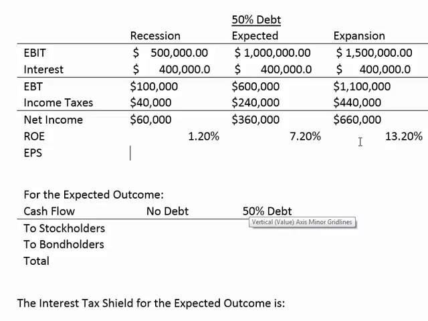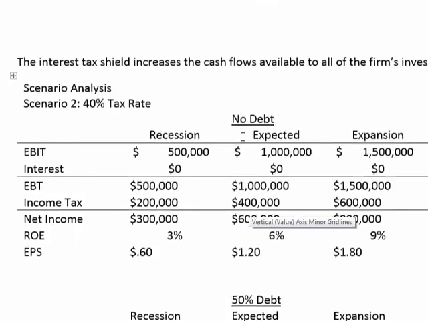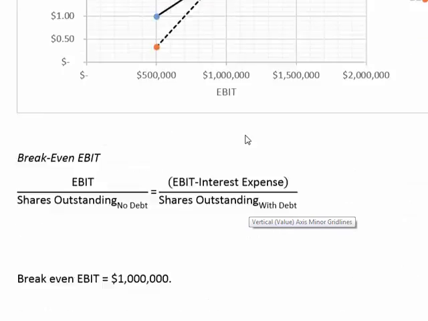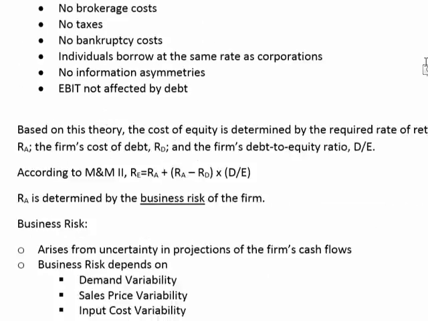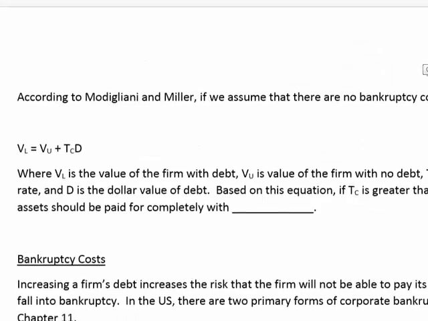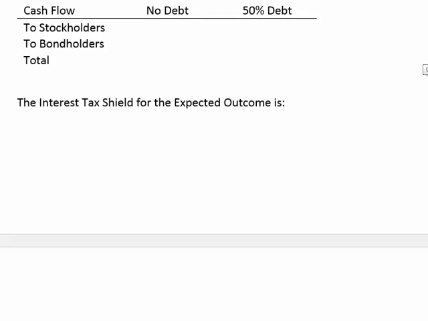Then finally, my earnings per share are my net income divided by my shares outstanding. For the case with 50% debt, my number of shares outstanding are 300,000. So I'm going to divide each of those by 300,000 shares.